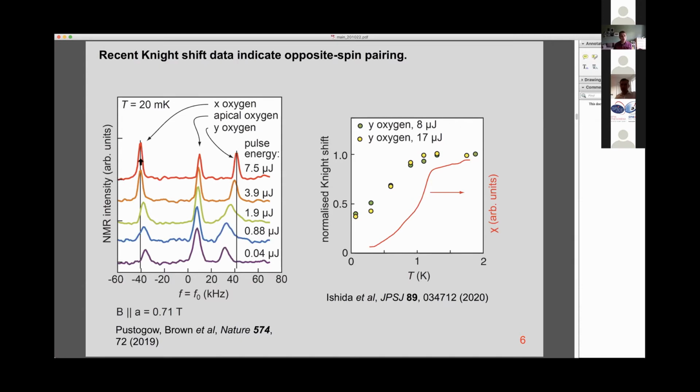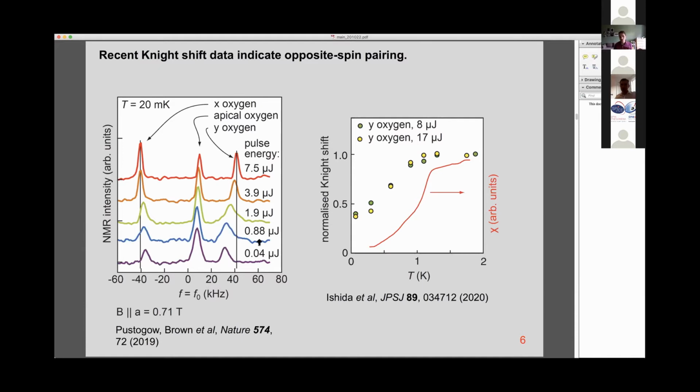As they reduce the pulse energy, you can see the oxygen resonance positions shift. So this is the X oxygen, this is the Y oxygen within the ruthenium oxide planes. So this shift indicates a decreasing spin susceptibility within the superconducting state and opposite spin pairing.